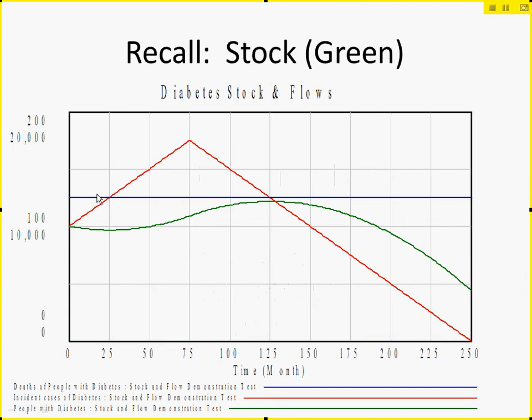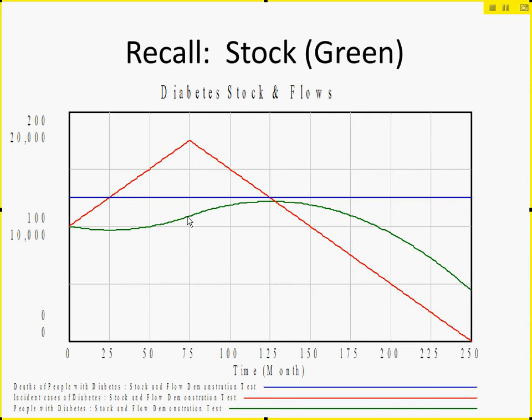And I asked if those are the inflow and the outflow, respectively, with respect to a stock, how does the value of that stock change over time? And I've drawn below these lines in green one possible path that a stock could take in light of these flows.